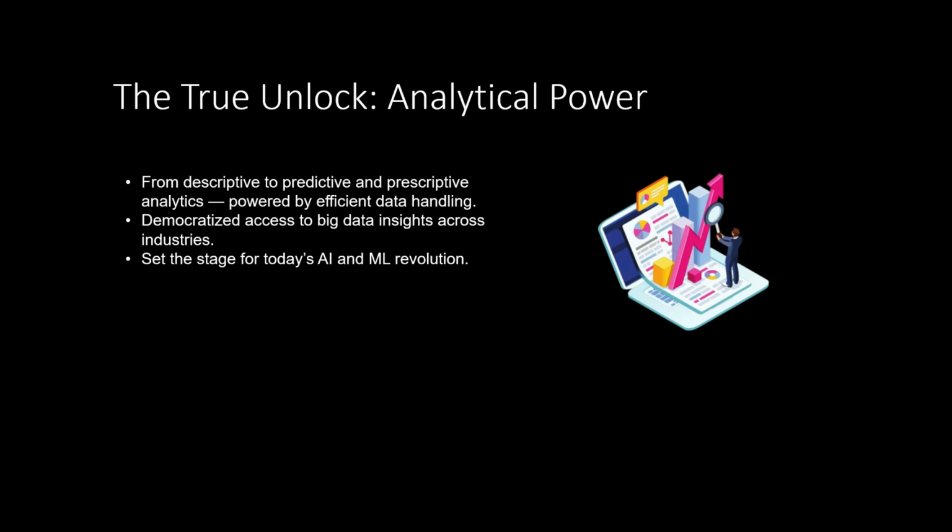And then it evolved to become prescriptive. What does that mean? That means from analyzing what happened to predicting what will happen, and then going to prescriptive, which means telling what to do when something happens. So it's like an evolution of analytics also, in terms of how we are analyzing the data or representing it. And to do all of this, we have to have efficient data storage, compute, and handling of data.